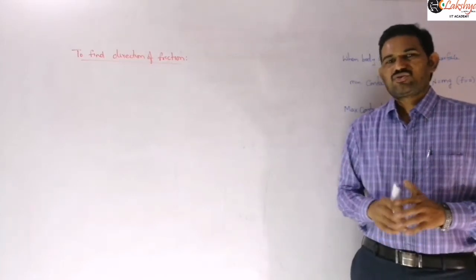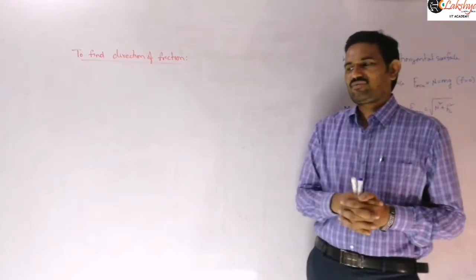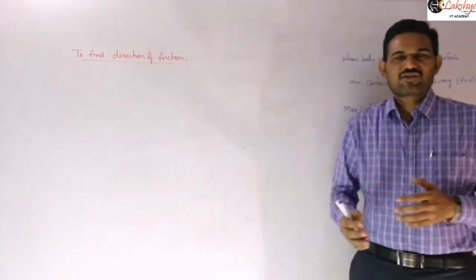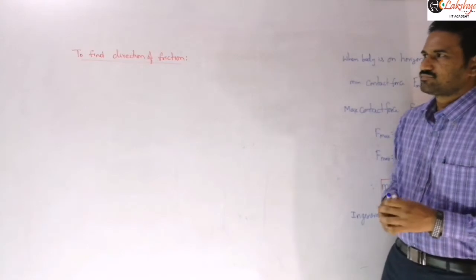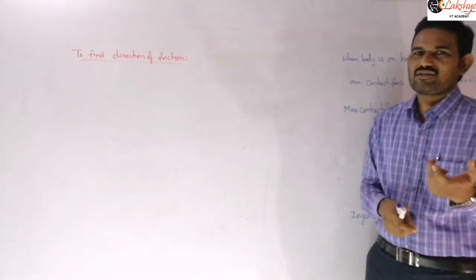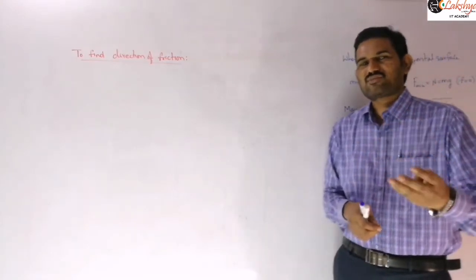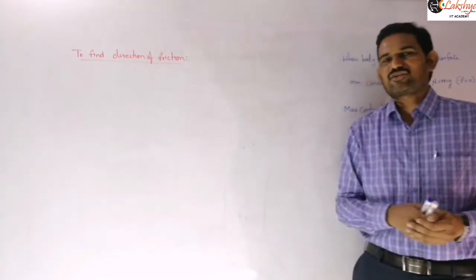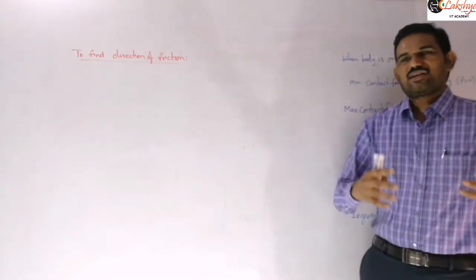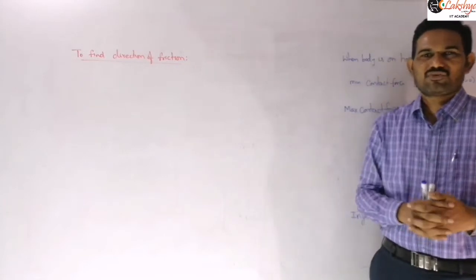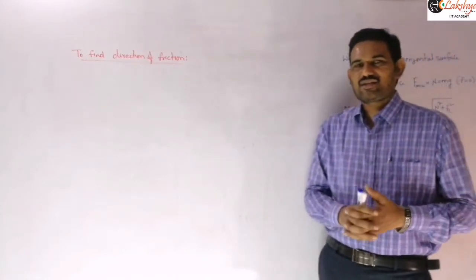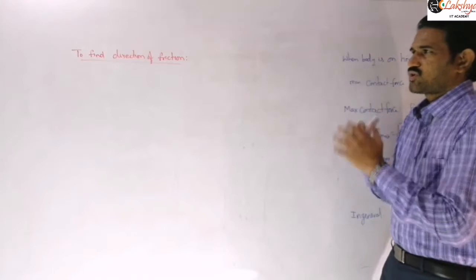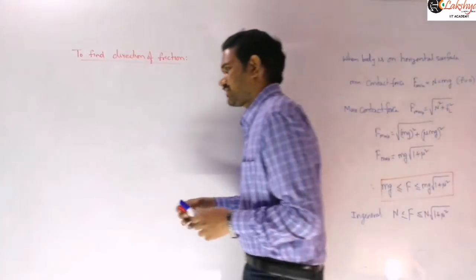If you are able to identify the direction of the friction, you can solve the friction problems more easily, because the only formulas here are: static friction, limiting friction, means mu s into N, and kinetic friction means mu k into N. And the net force, finally we write, is equal to ma if the system is accelerating in any particular direction. Now let us see the case of static friction.